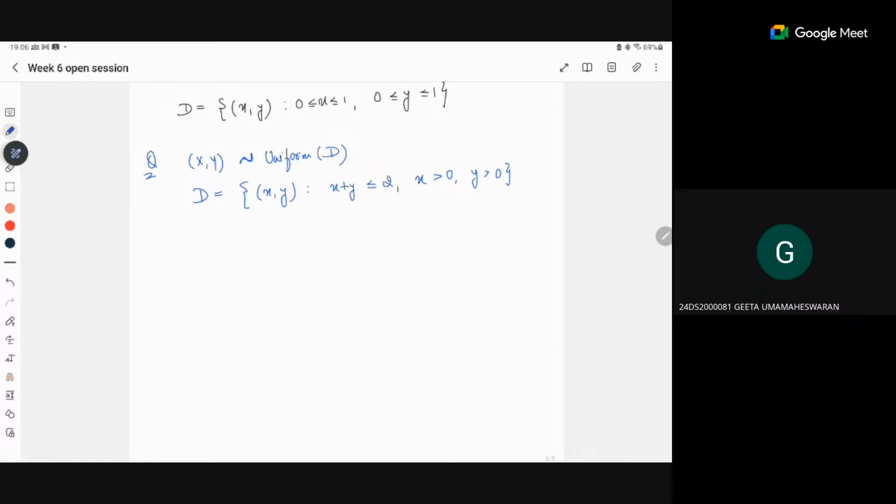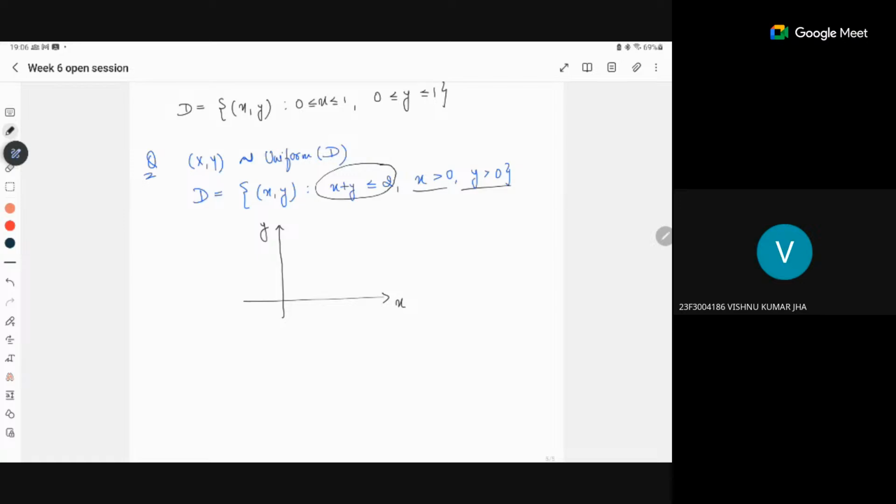So how will you draw this region D? First we can find the support. It is given that x is greater than 0, y is greater than 0, so it can ideally take any value over here. But I have one more condition: x plus y should be less than or equal to 2.